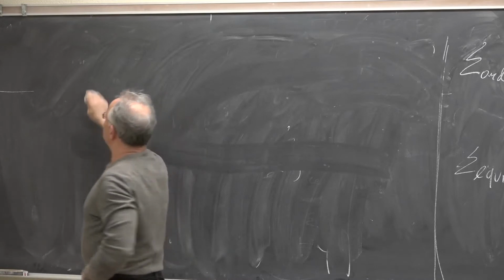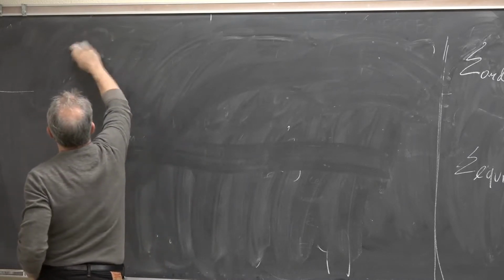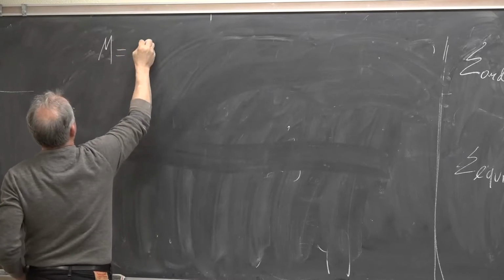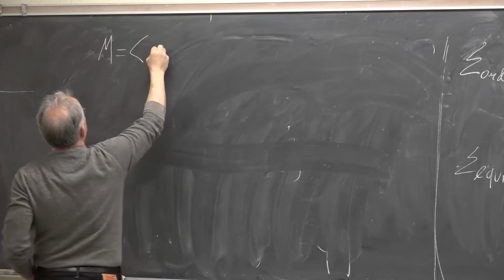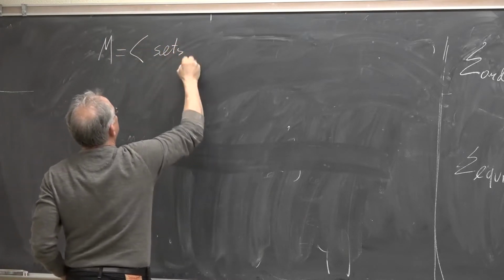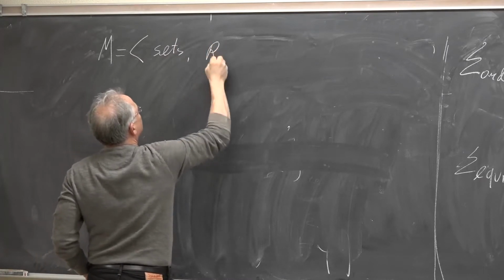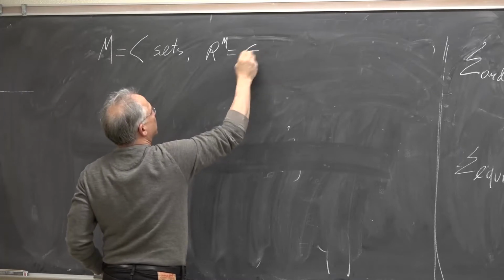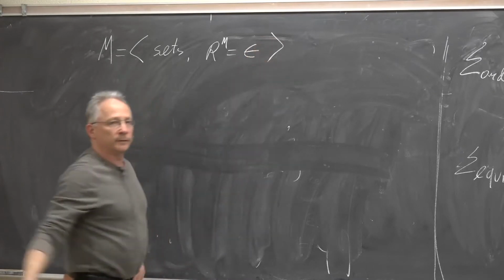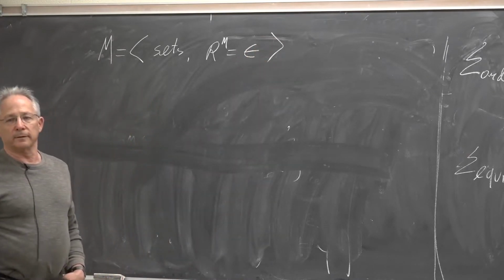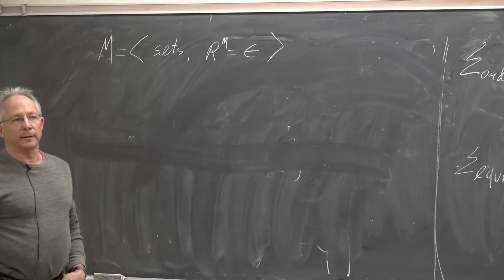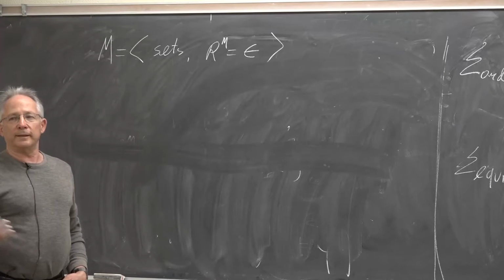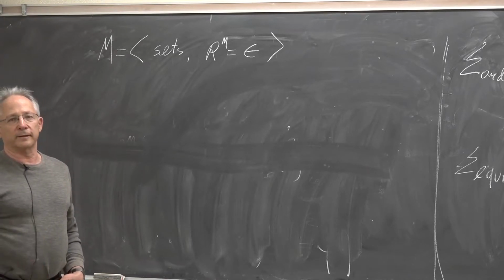So my universe M is going to be a collection of sets, and R of M is going to be the epsilon relation, member of. So now I can describe what is a collection of sets.